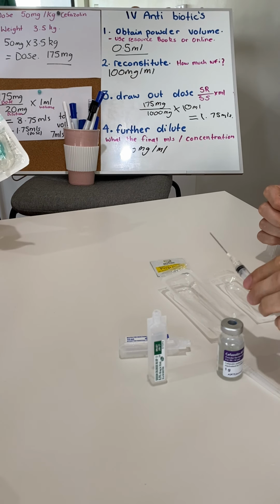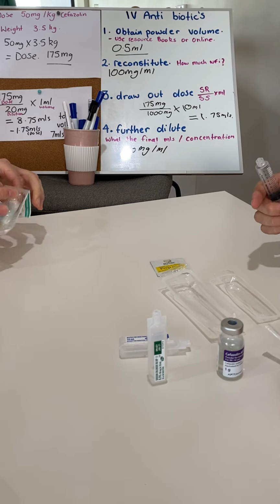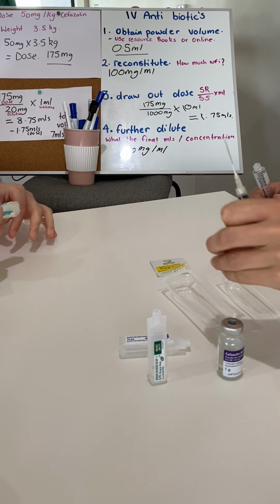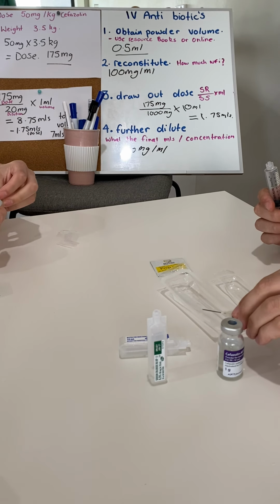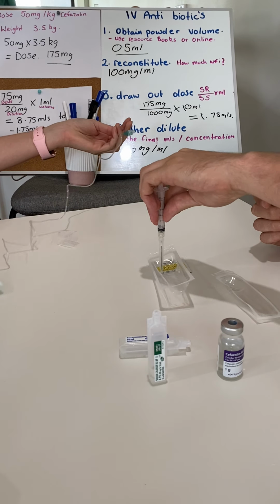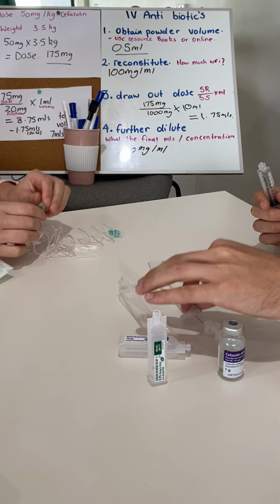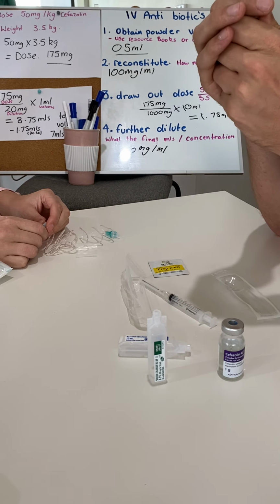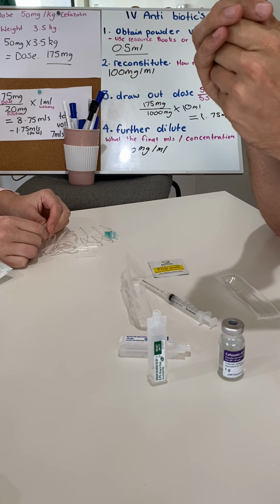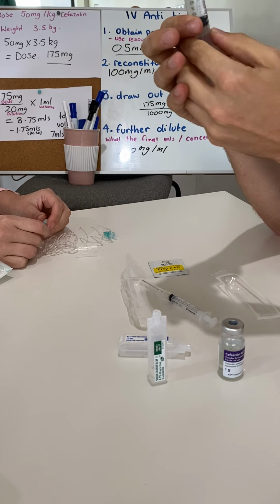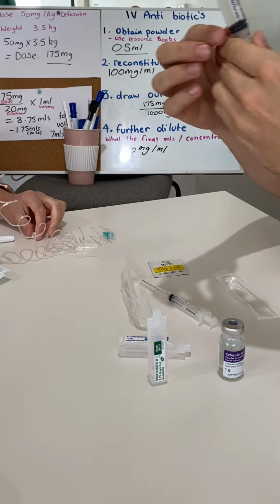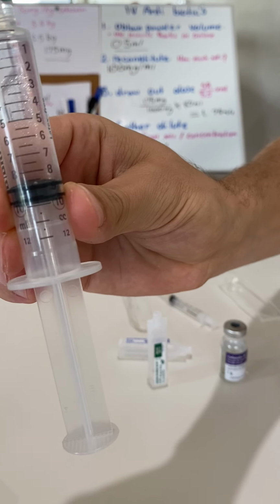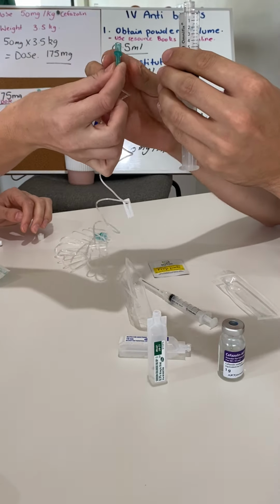So in total, we should have 8.75 in our 10 ml syringe. Did we get there? Fantastic. And now we can prime our syringe driver.